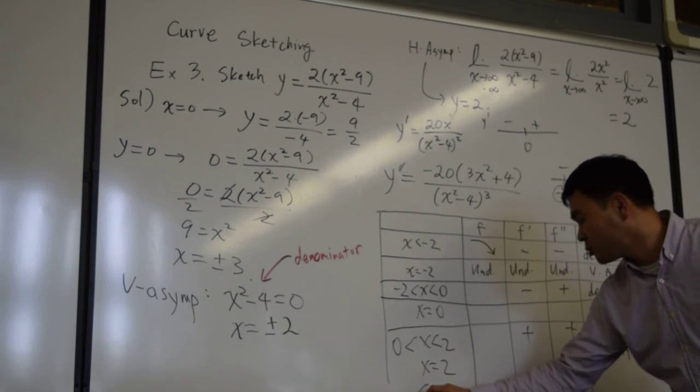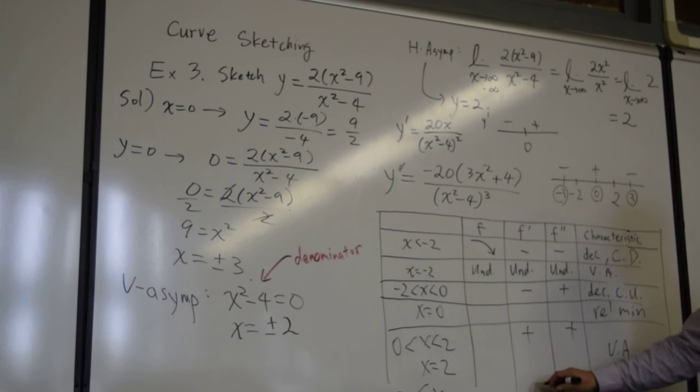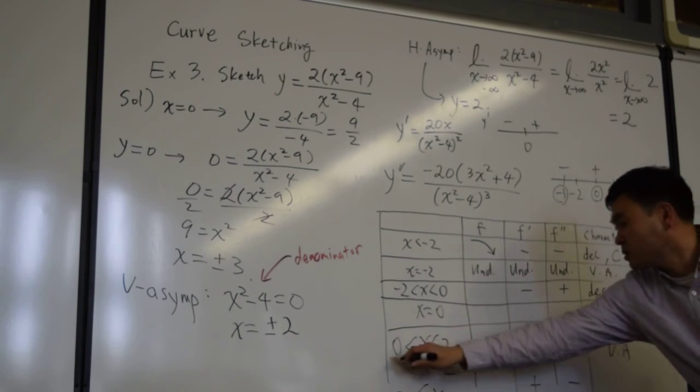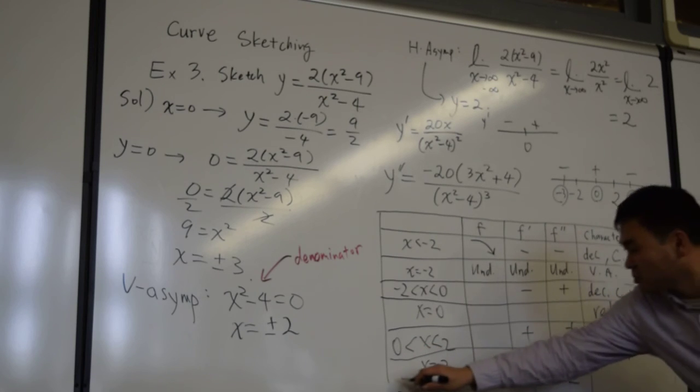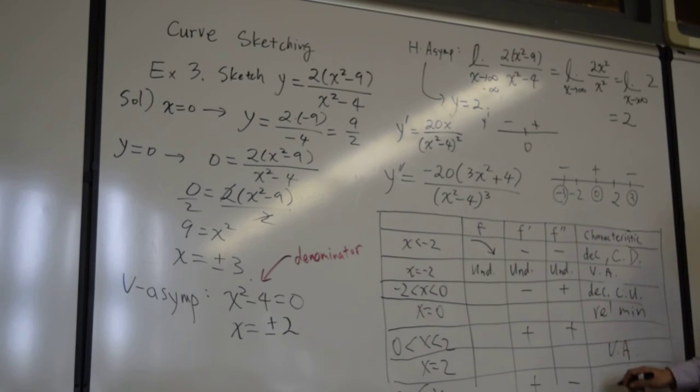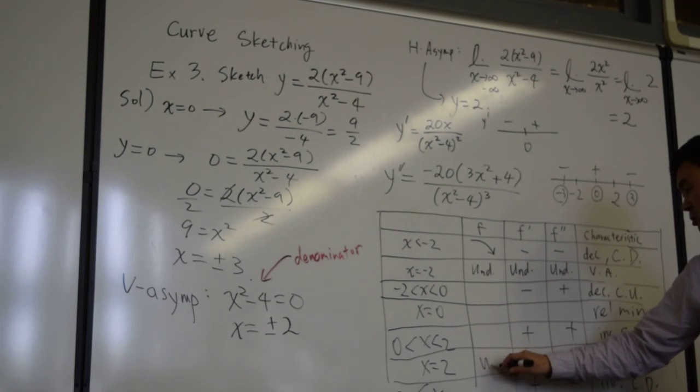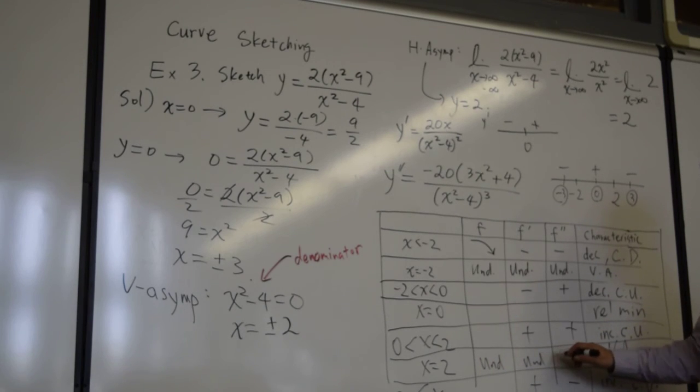And after 2, this will be positive and then negative. I'm running out of time, so let me do this quickly. This is increasing, concave down. This is increasing, concave up. And this will be a vertical asymptote because it's all undefined.